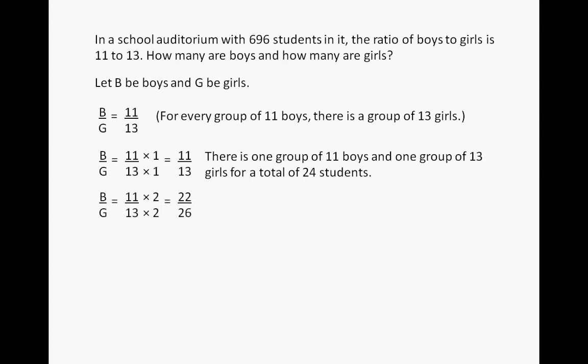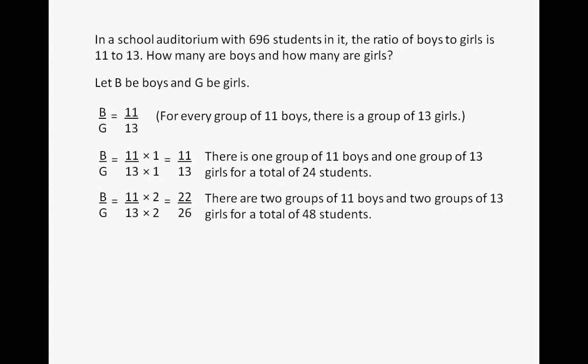So if we have two groups of boys and two groups of girls, then we're going to have 2 times 11, which is 22, and we're going to have 2 times 13, which is 26. So we have 2 groups of 11 boys and 2 groups of 13 girls, and the total, if you add 22 and 26, you get 48 students.